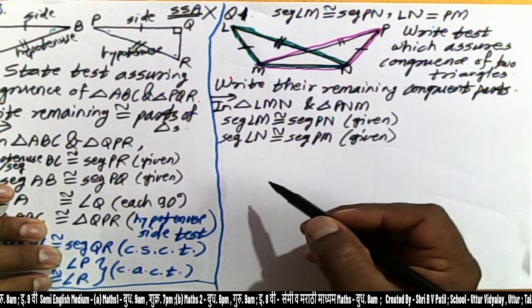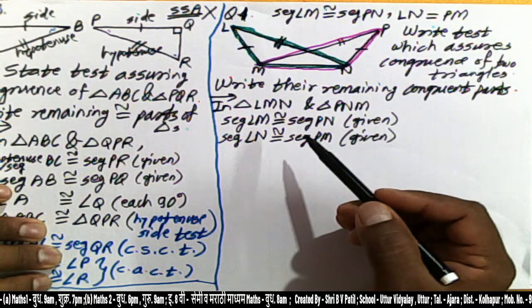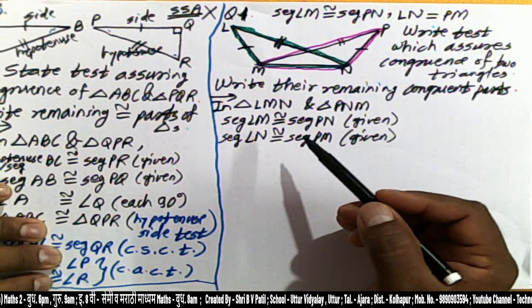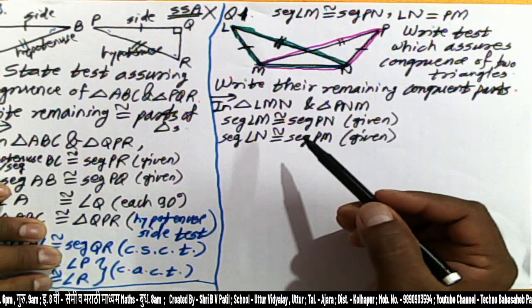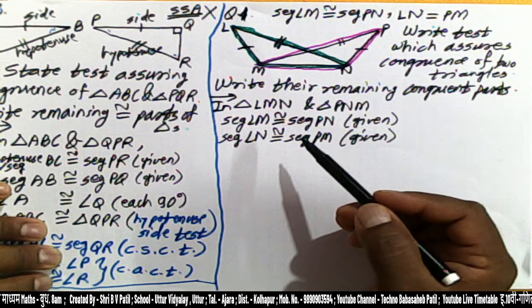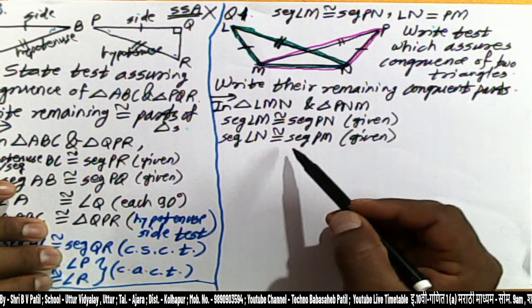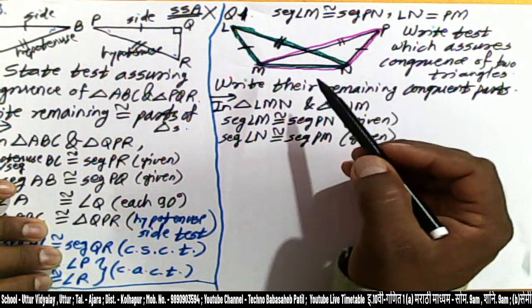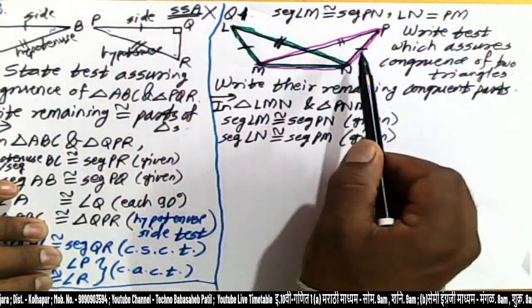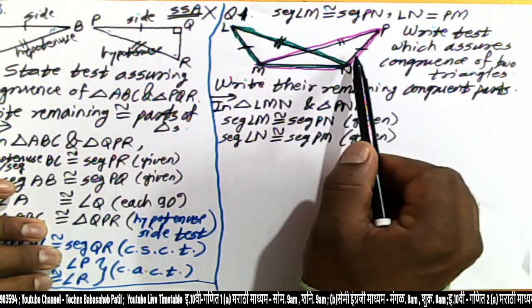Then what is the third condition? Here in both triangles, which side is common?